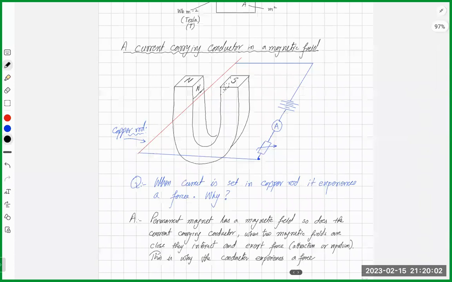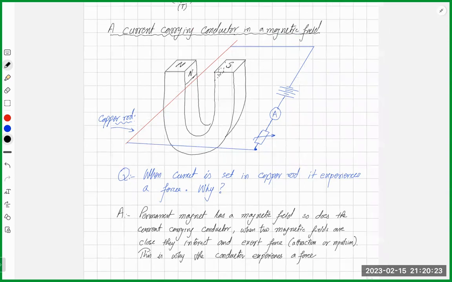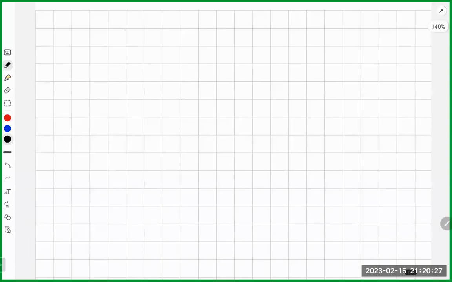Now, can we measure the size of the force? How can we measure the size of the force? Okay, we have to set up apparatus like this. So we could use a mass balance.